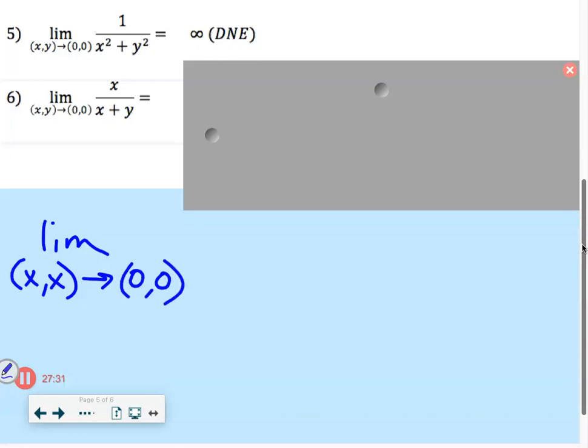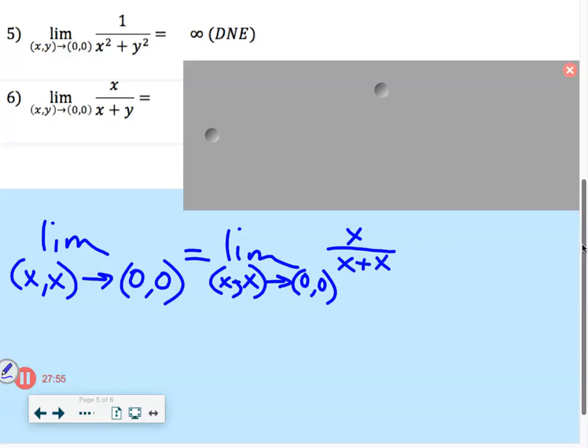So now you're approaching that point, but you're approaching it from the line y equals x, so from the diagonal. Let's watch what happens. We change our y to x, so rewrite your limit. We have x over x plus x.